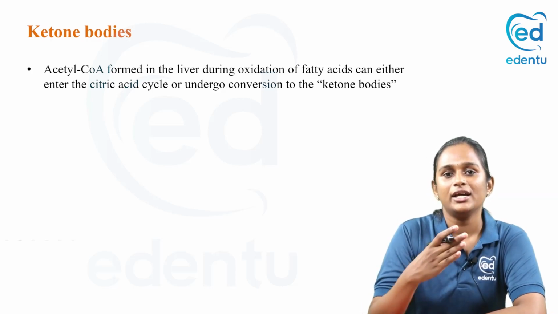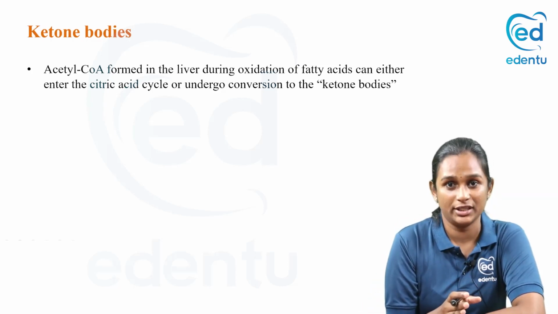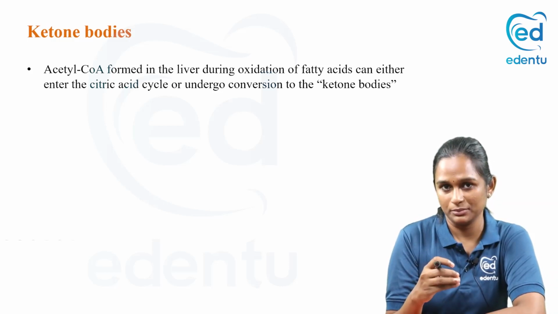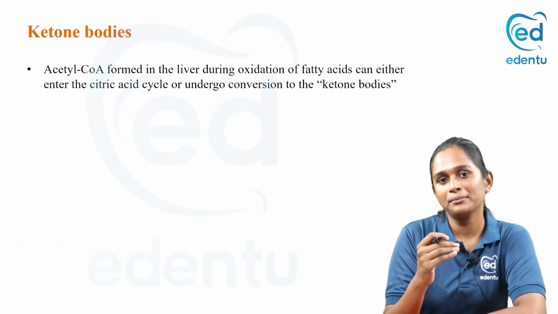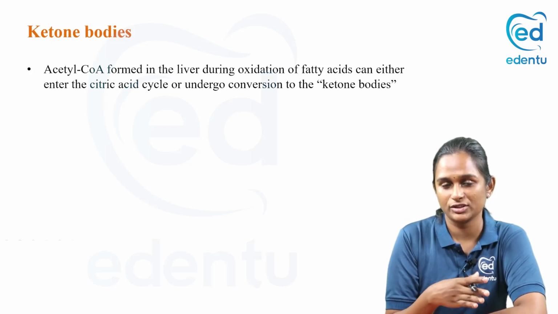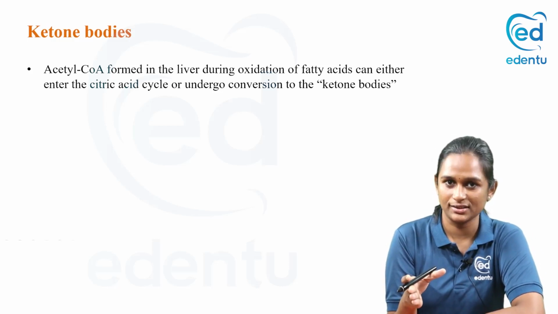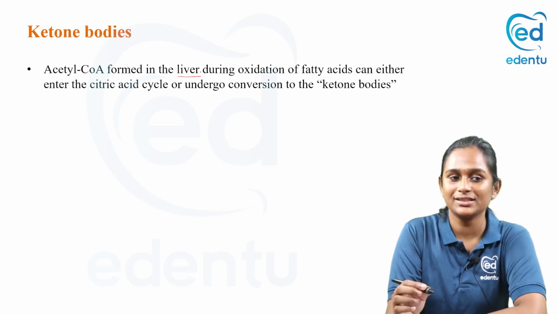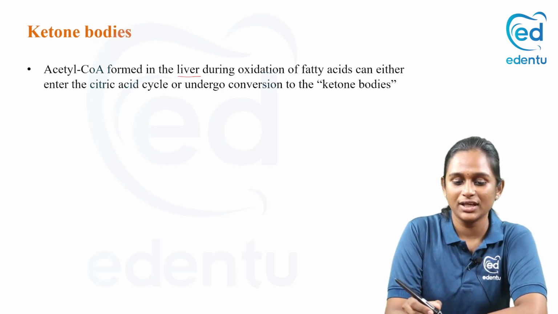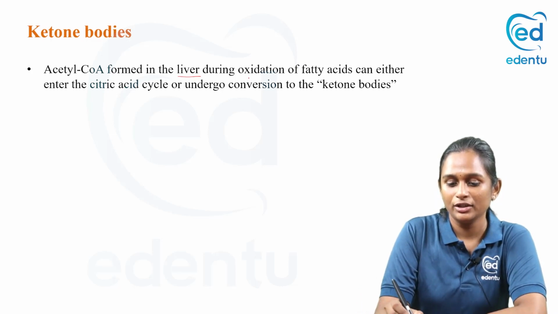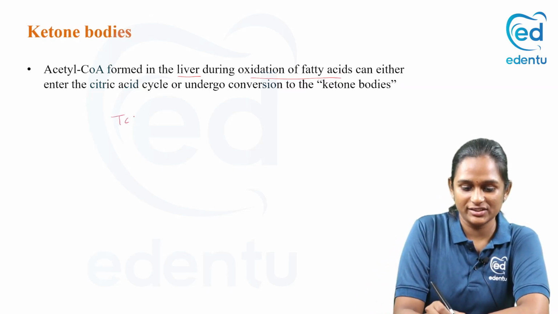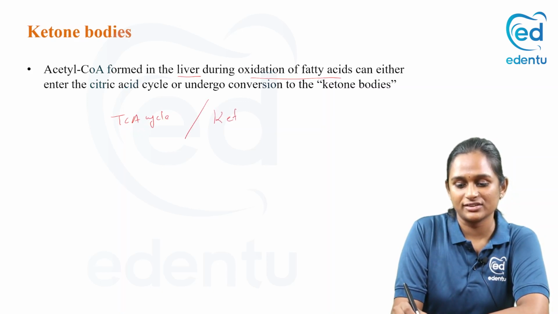If the intermediates of the TCA cycle are unavailable, the acetyl-CoA formed at the end of fatty acid oxidation will be shunted to ketone body synthesis. This ketogenesis happens in the liver. The acetyl-CoA formed in the liver during the oxidation of fatty acid can either enter the TCA cycle for complete oxidation or ketone body synthesis.